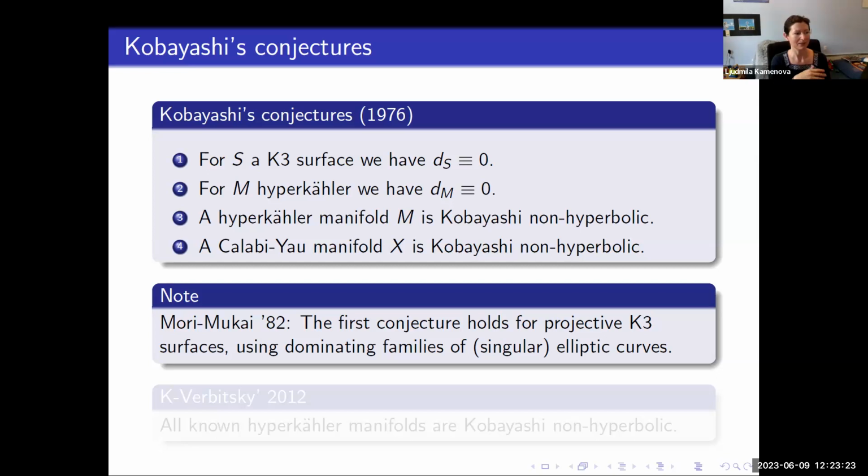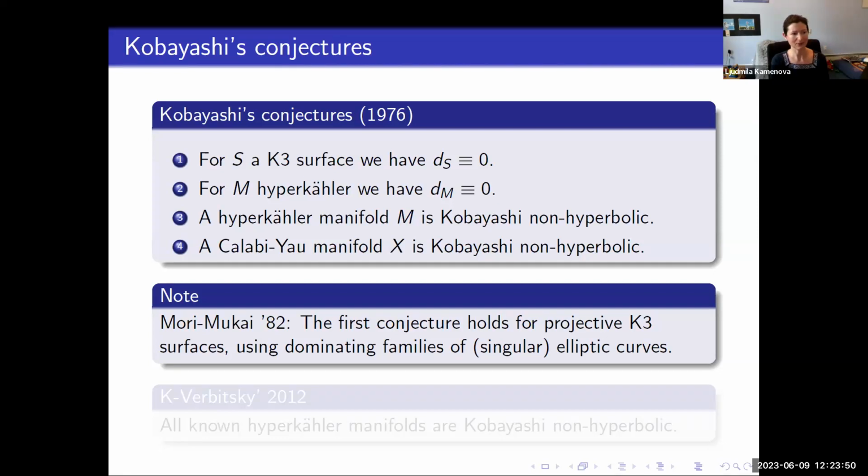Then you can take one family of elliptic curves going through one of the points, then another family of elliptic curves going through the other point, and along each elliptic curve the Kobayashi pseudometric is identically 0, and then take the intersection point.